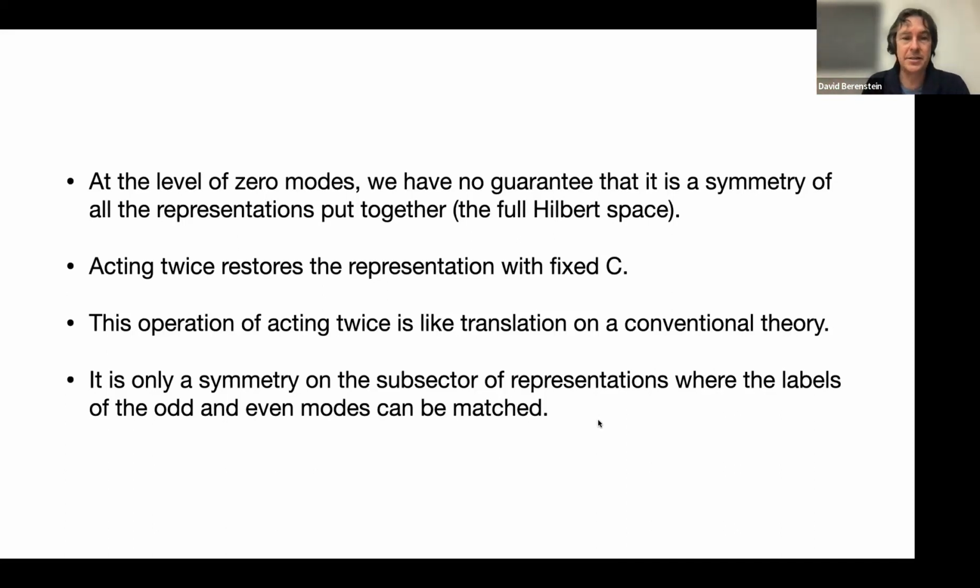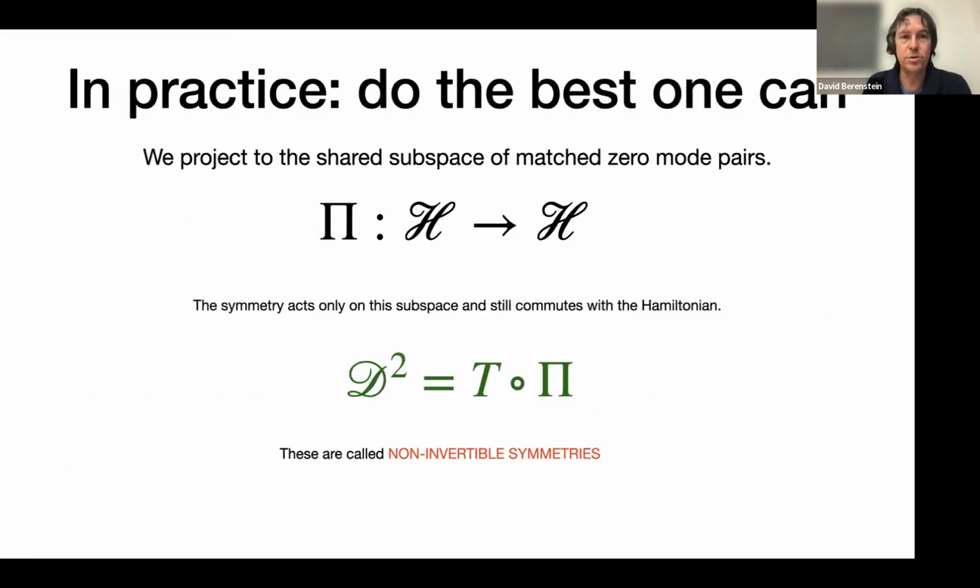So the idea is, you do the best you can do, which is basically we just do a projection on the shared subspace of matched pairs of zero modes, and then the symmetry that I had before that translates by one acts only on this subspace of the Hilbert space where the zero modes are matched, and still commutes with the Hamiltonian.